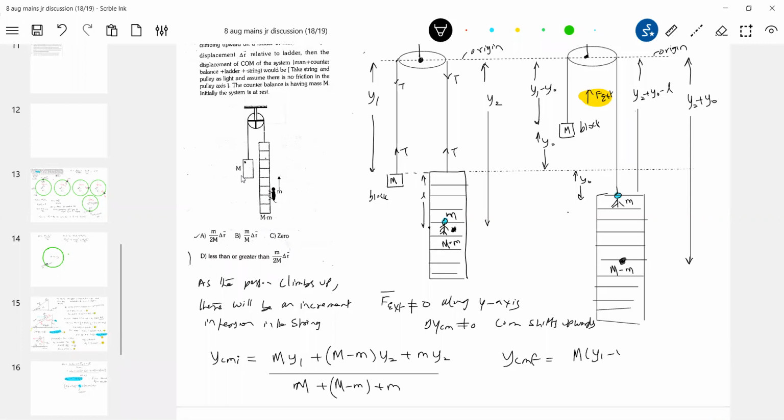M Y1 minus Y0, plus M minus small m, the position of the ladder Y2 plus Y0, the position of the person, all divided by the same total.